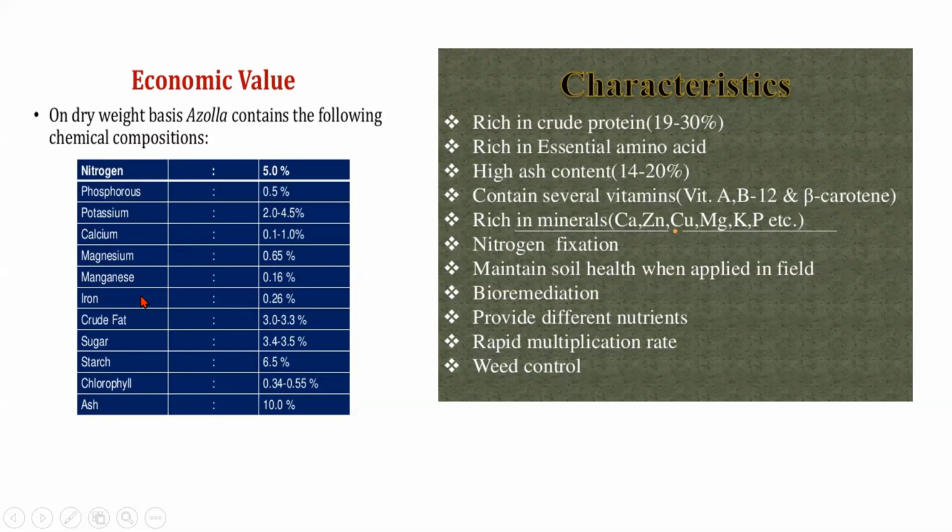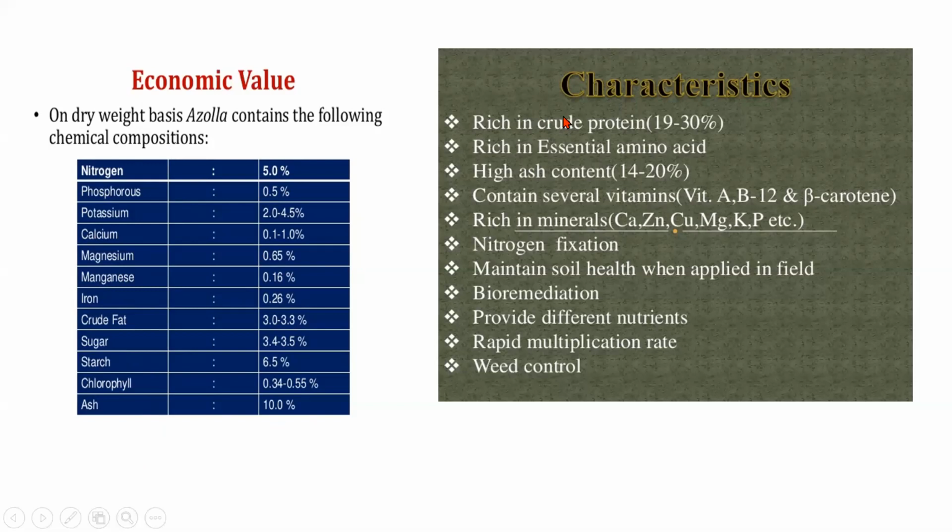So this is the benefit of using azolla, because economically it has more value. In a single azolla fern, you have all the macro and micronutrients. You don't have to add them separately as chemical fertilizers.